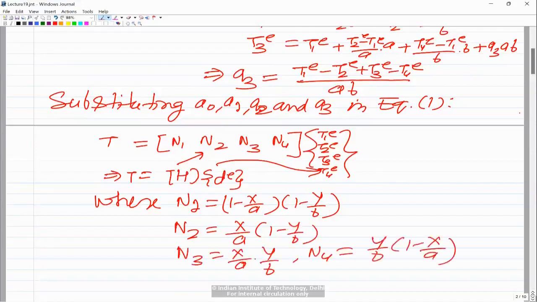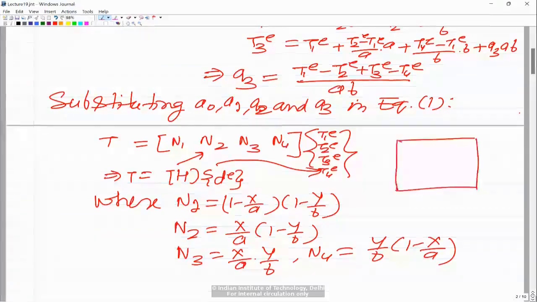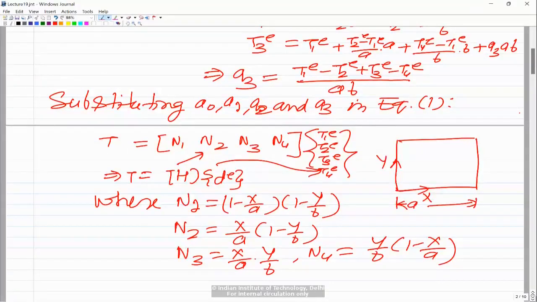You will have some kind of a direct interpretation of these shape functions. If you look at the element, the local coordinate is x and this is local coordinate y, this dimension is a and this is b, and these are the nodes 1, 2, 3 and 4.